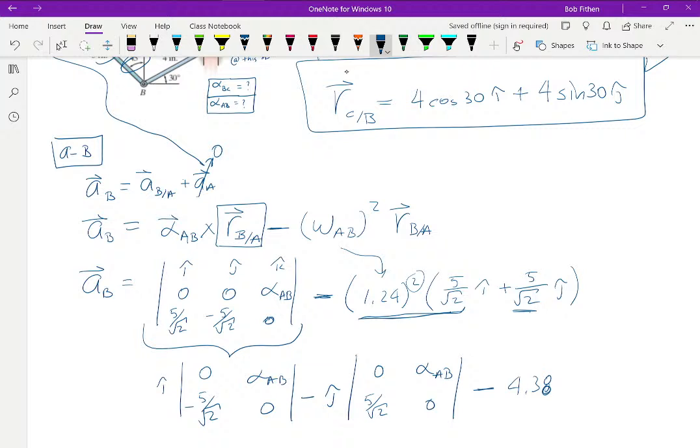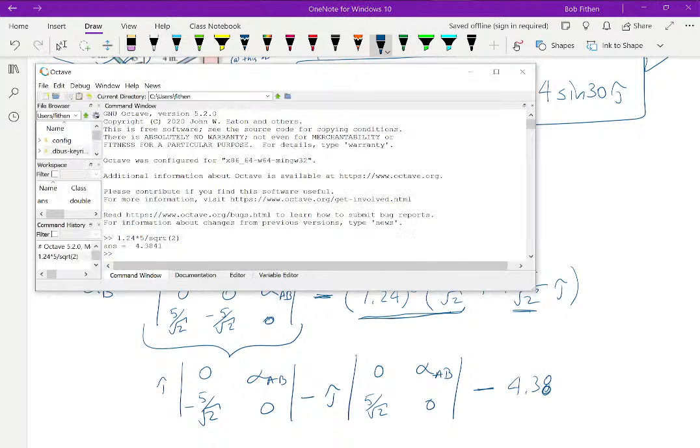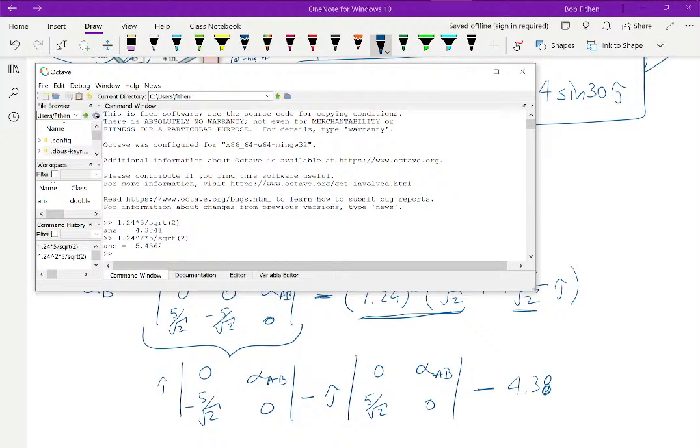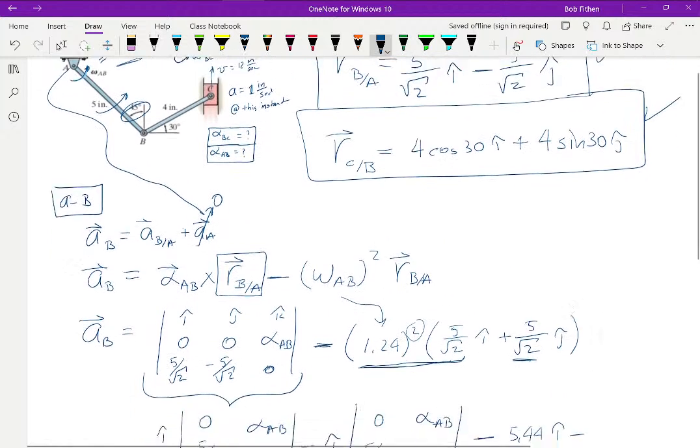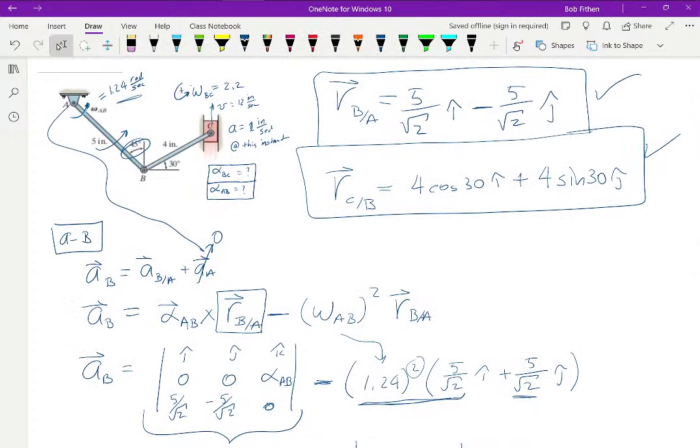Except I forgot to square it. 5.44. I make sure this copied down. Should have had a minus sign right there.